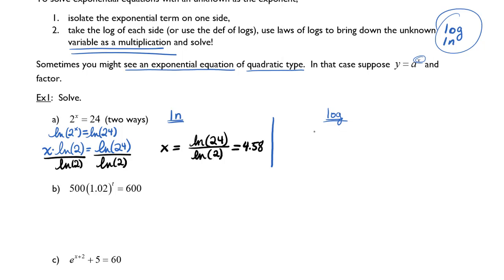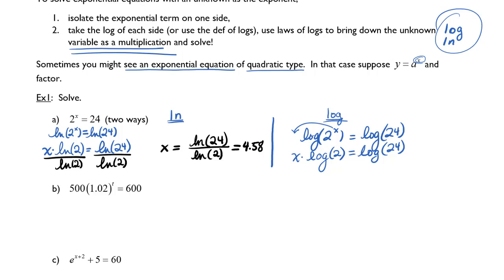Now let's use a log base 10, a common logarithm. We will do the same exact process but with a common log. So we'll take log of both sides, so we'll have log of 2 to the x equals log of 24. Then we'll bring the x out front as a multiplication, so x times log of 2 equals log of 24. And then we'll divide over the log of 2 to isolate the x.